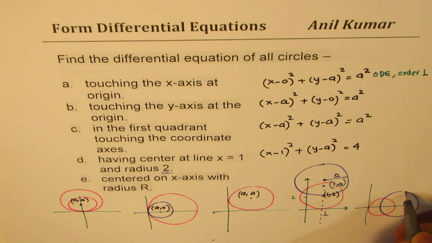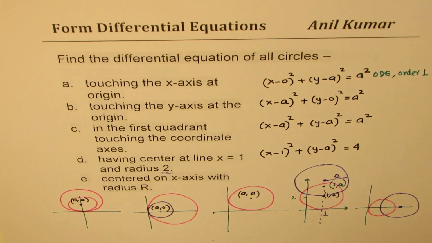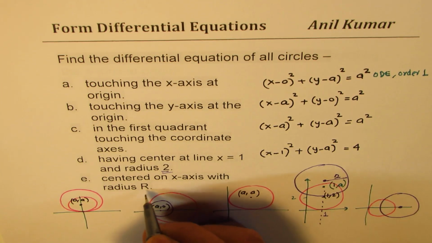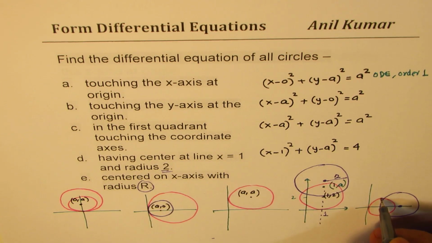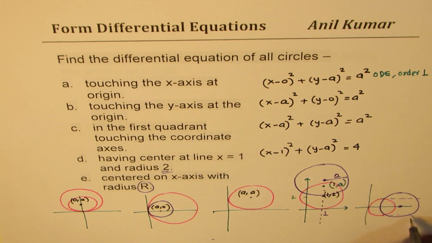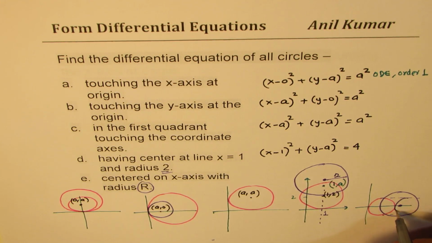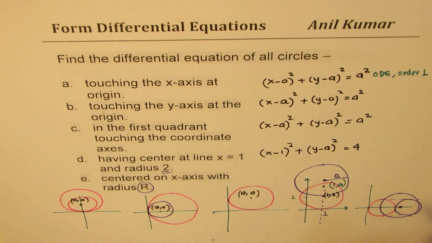I mean, even this will work, right? Center on the x-axis. I'm sorry, I made this bigger. Radius is constant. R is constant. So we have to maintain the same, kind of like this. You get my point, right? So this is not correct, but that is correct.